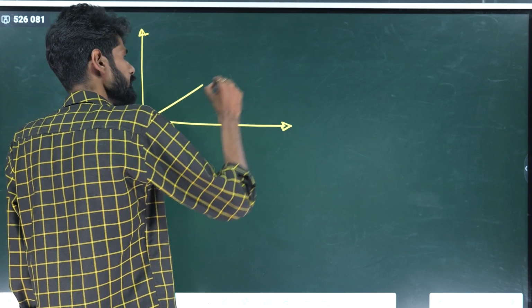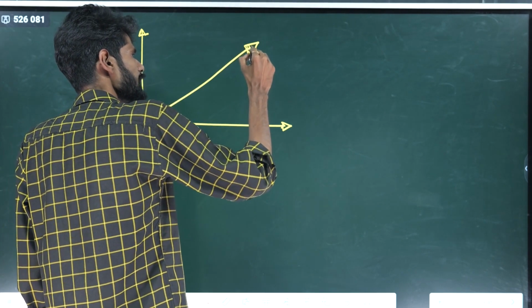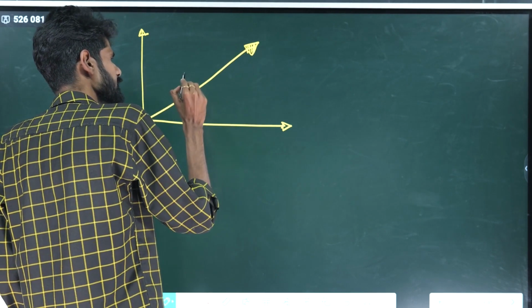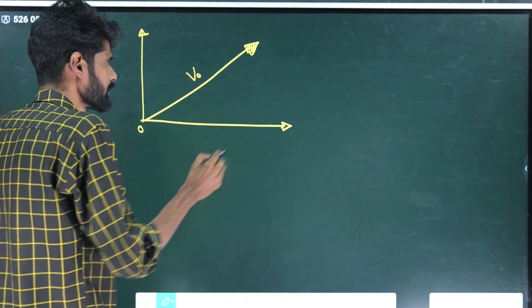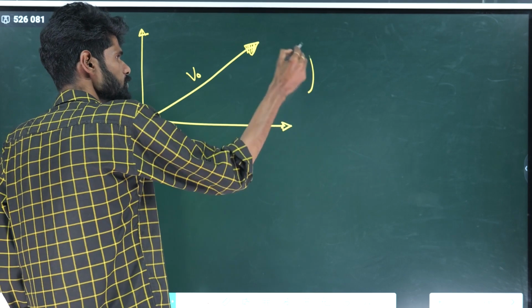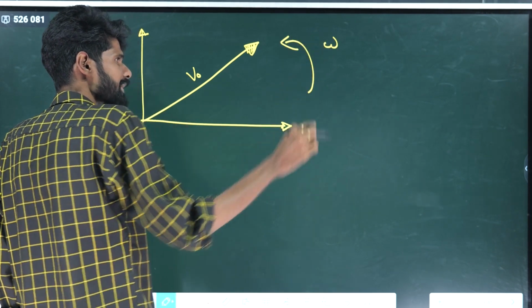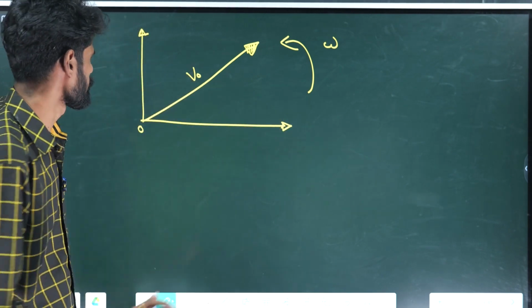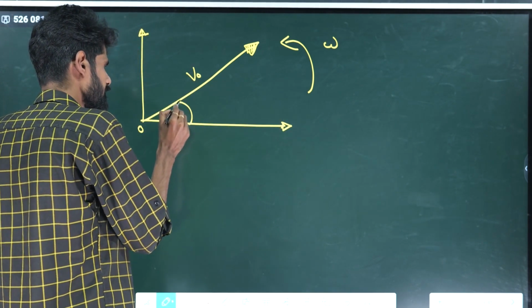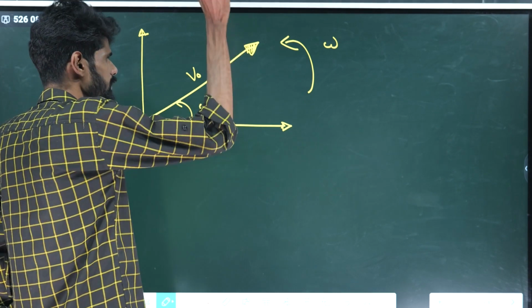Now this is the phasor, and the length of the phasor is equal to the amplitude of the quantity. Here this is the location of the phasor after t seconds, with the rotation taken in the anti-clockwise direction. This is the angle swept by the phasor.